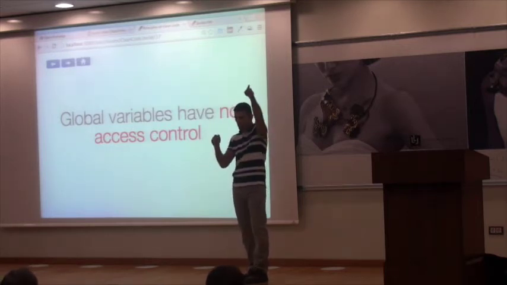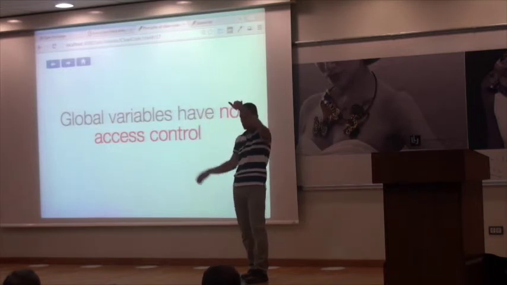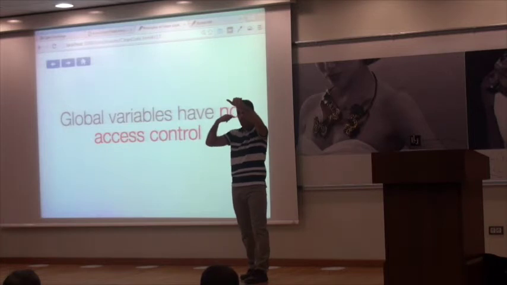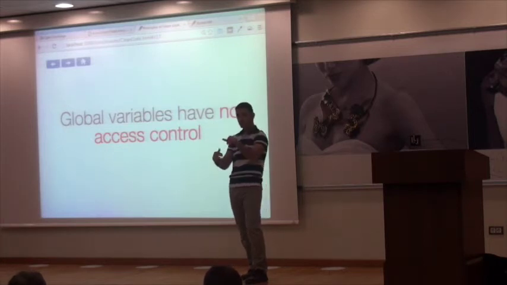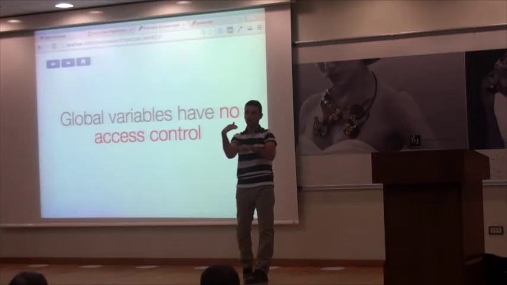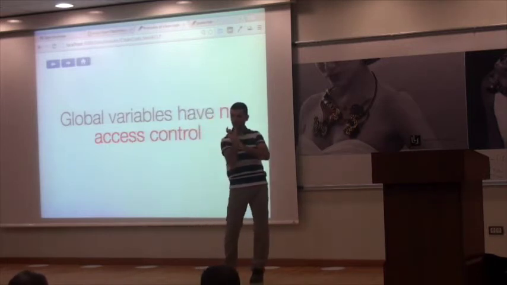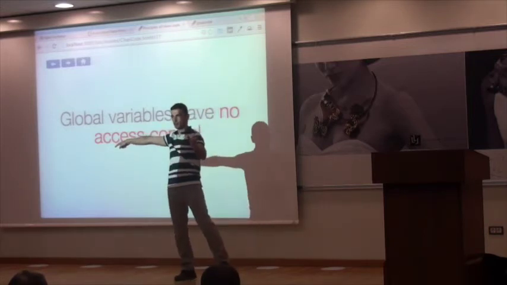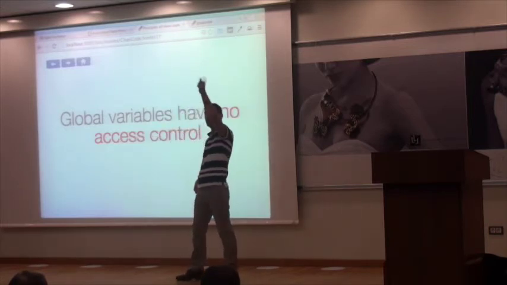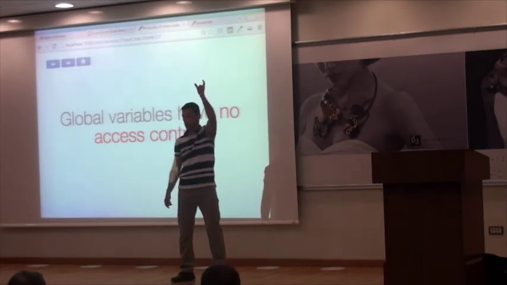The moment you start reading code that the entire universe can modify and read and do all kinds of things with, it's more difficult to reason about your algorithm than to know, okay, this is the value, this is all it's going to be in this block, and if I ever want to change the variable, I can do it without having a repercussion over here. If I edit the variable here, I will not change something here. With a global, if I change it, I can change something anywhere. You guys get that?